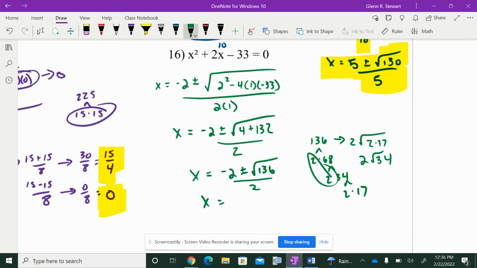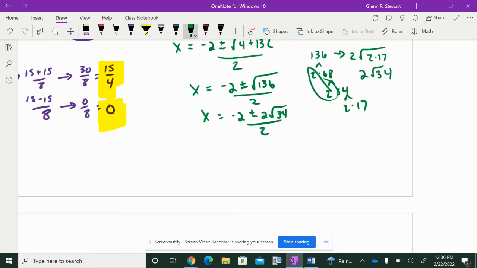So x is equal to negative 2 plus or minus 2 root 34 over 2, which can be simplified. Okay, these all have 2's in them. 2, 2, 2. X is equal to negative 1 plus or minus the square root of 34.